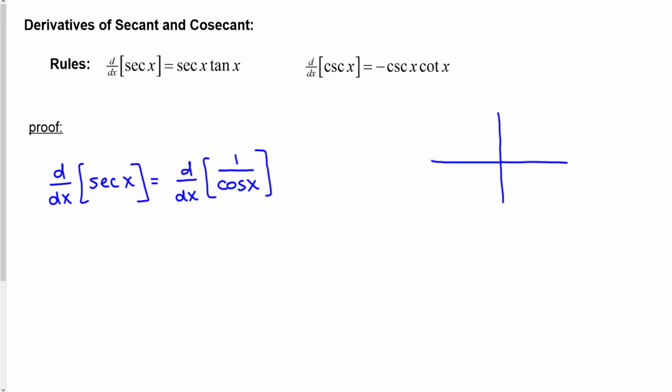So using the quotient rule, the numerator is 1, the denominator is cosine x, so the derivative of 1 is 0, the derivative of cosine x is negative sine x. We multiply these two together first in the quotient rule.